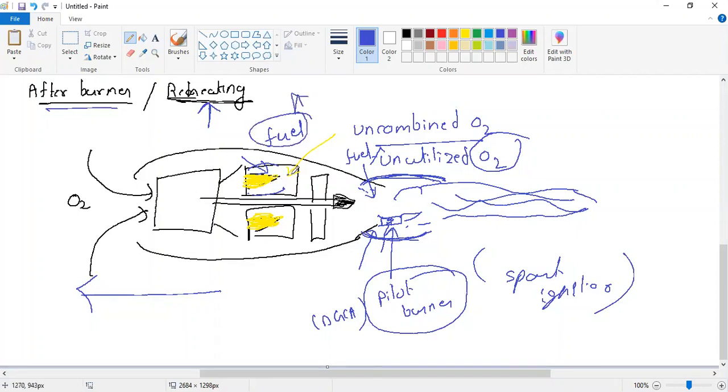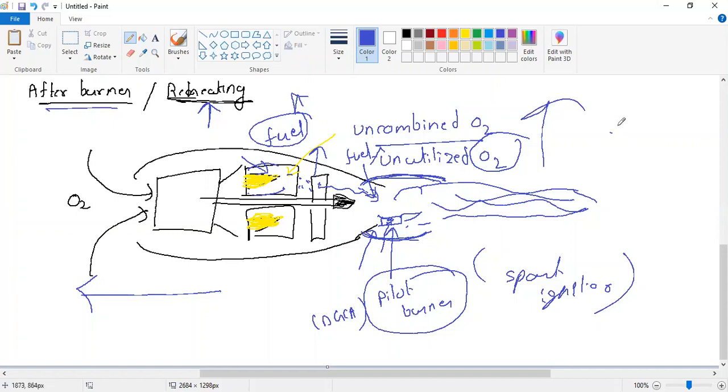So the gases coming out of here will already have a very high temperature. When these high temperature gases come in contact with the fuel and oxygen, it will burn. Understood what happens over here? In one of the combustion sections, we add more amount of fuel that will have a high temperature. When it comes into the afterburner, it starts heating.